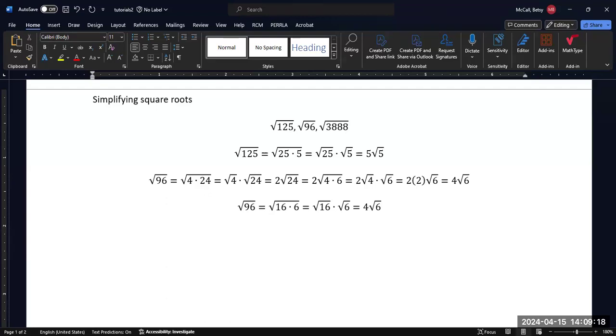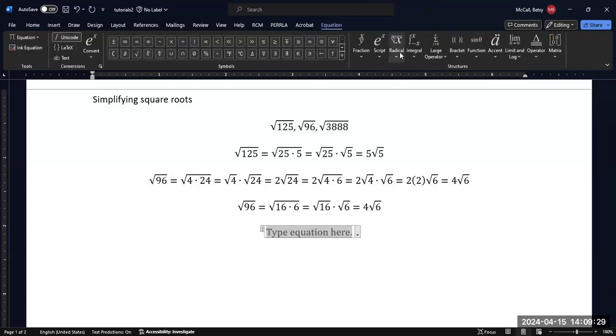Now we can do the same thing for very large numbers. For very large numbers like the square root of 38888. Now, this is not a perfect square that I've memorized, so I have no idea what the best perfect square factors are.